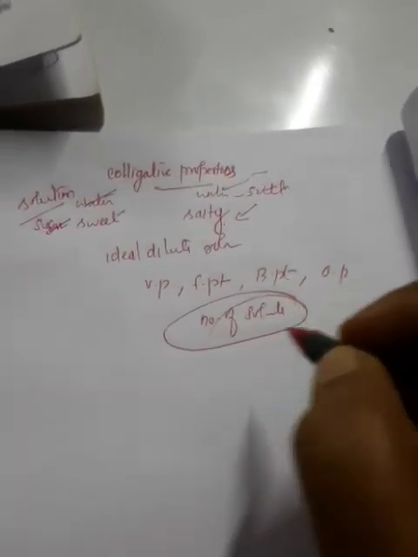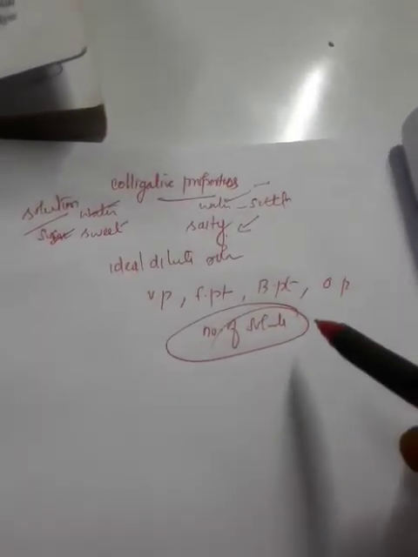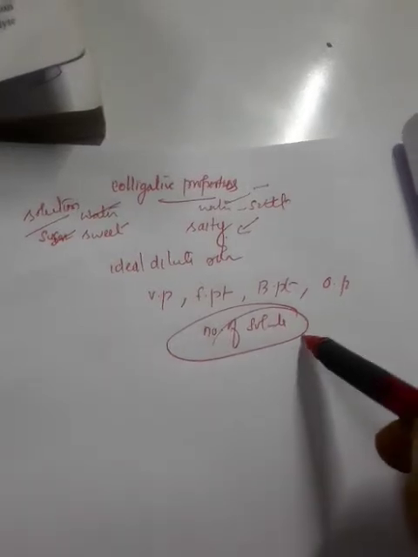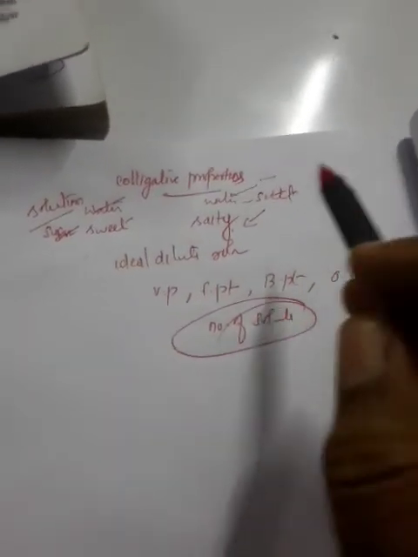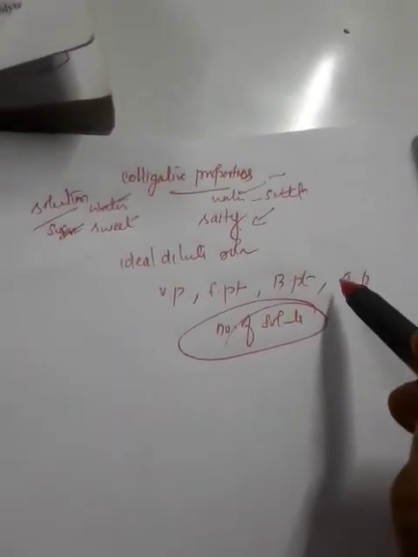That is called colligative property. Colligative property means the property which depends upon the number of solute particles, not their properties.